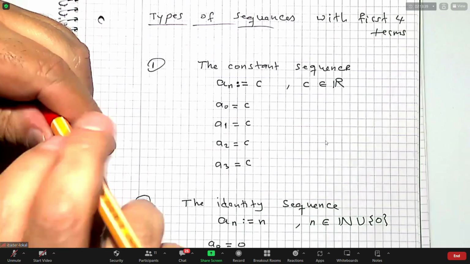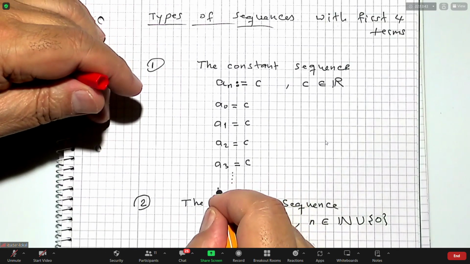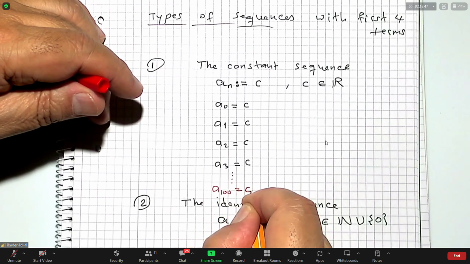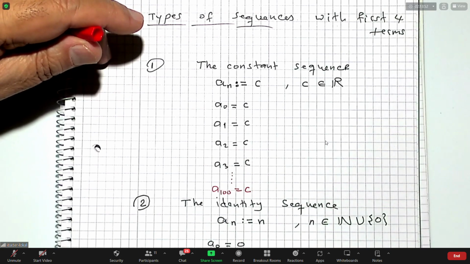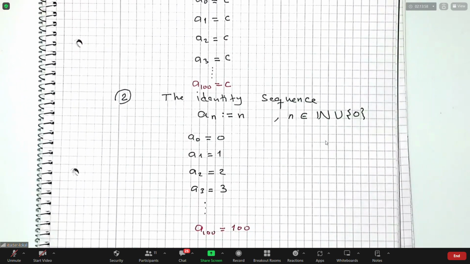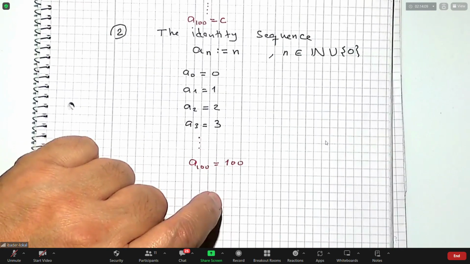Let us predict: in the constant sequence, A100 will also be the constant, right? However, here, if I continue, A100 is going to be 100. I hope you can still see it. So that's why it's called the identity sequence. And I hope you can see everything now.